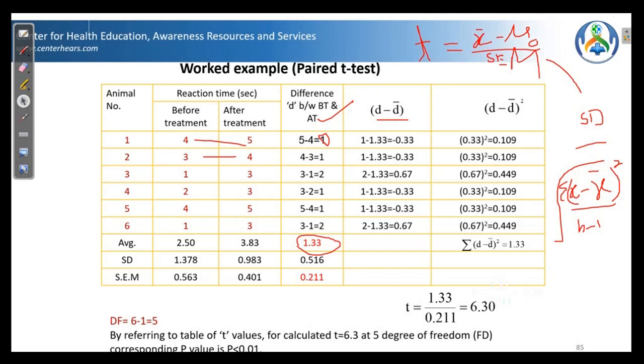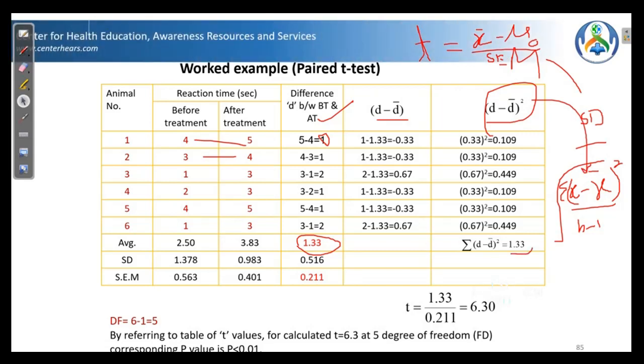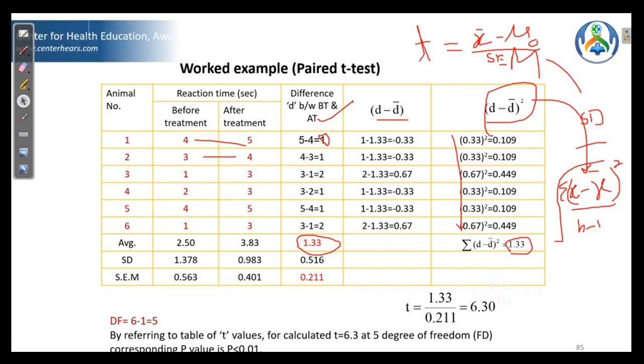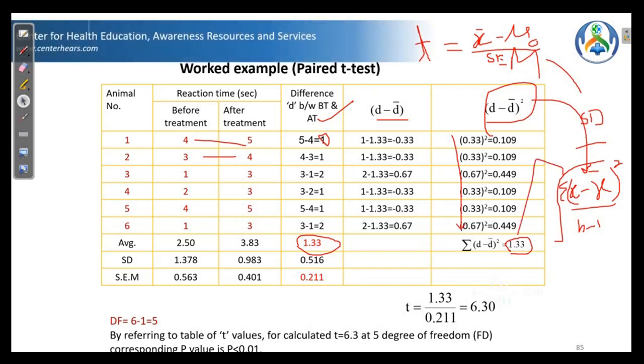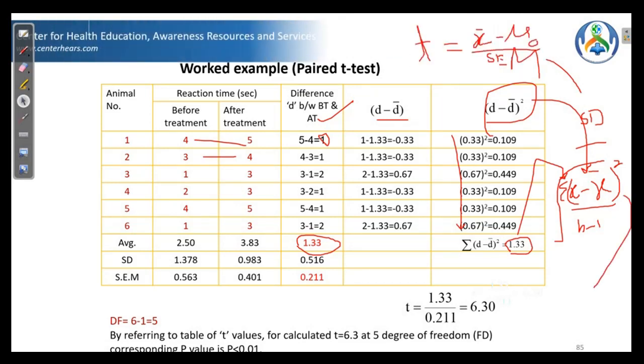Then we'll get d minus d bar whole square. After that we'll get the summation of all these values. So this numerator I got.